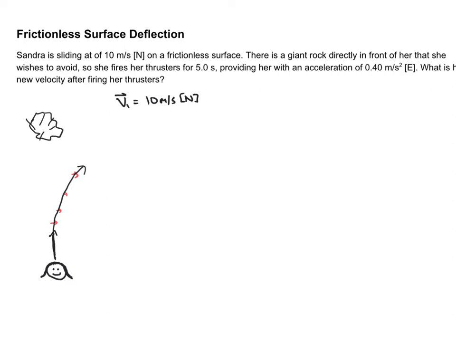And then her acceleration is 0.40 meters per second squared east. And she's accelerating for a time of 5 seconds. And it's asking us to find her new velocity after firing her thrusters. So what is V2?